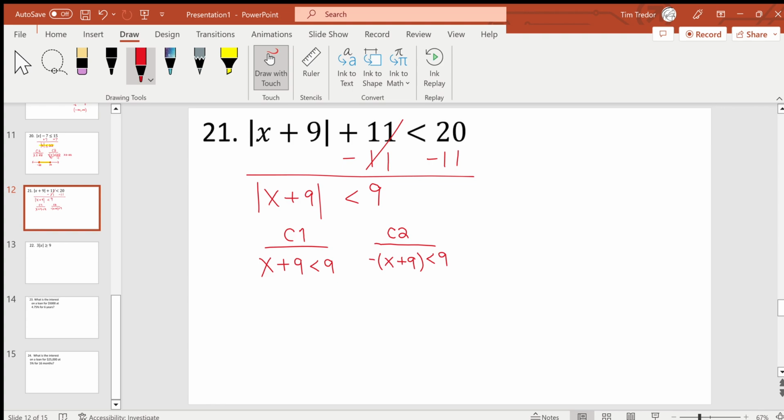Alright, so I'm going to subtract 9 on case 1, and we'll get x is less than 0. For case 2, I have a choice. I can distribute the negative or divide it on both sides. I'm going to divide it.